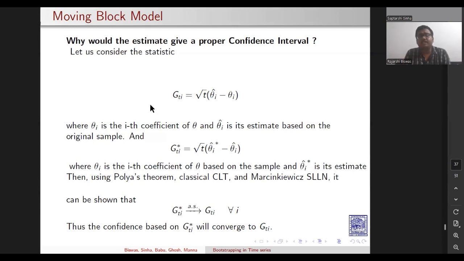Then using Kolmogorov's theorem, the classical central limit theorem, and the Marcinkiewicz strong law of large numbers, we can show that G_T,i star almost surely goes to G_T,i. G_T,i are all statistics based on parameter theta i. And since G_T,i star almost surely goes to G_T,i, the confidence interval based on G_T,i star will converge to that of G_T,i.